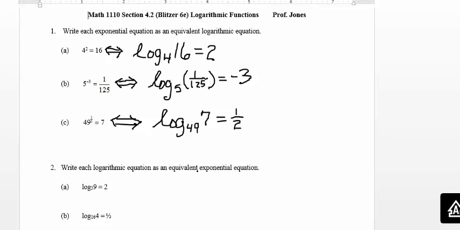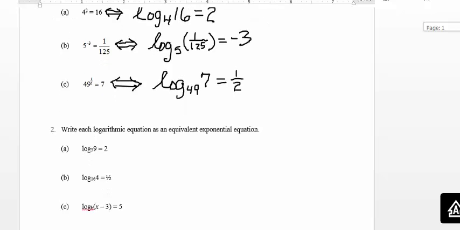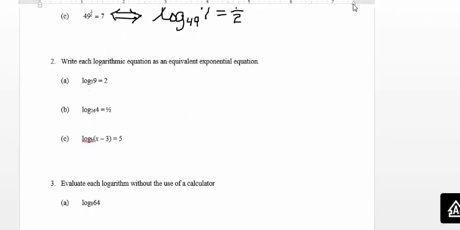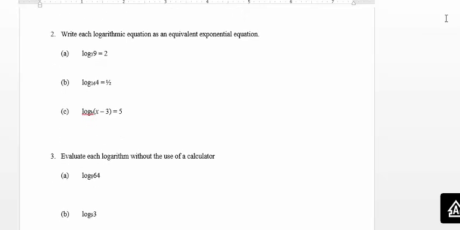So now let's see if we're comfortable going the other way. If we start with a logarithmic equation, are we able to write the equivalent exponential equation? So remember, the base of the logarithm is the base of the exponential equation. The exponent is the logarithm. So the exponent in this case is 2.